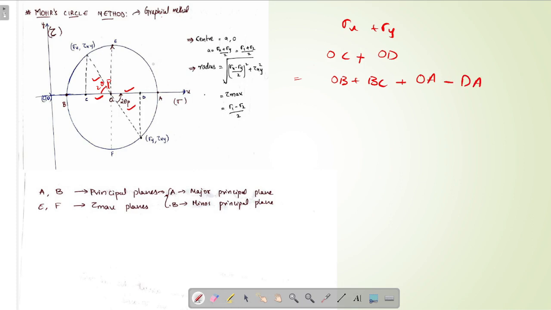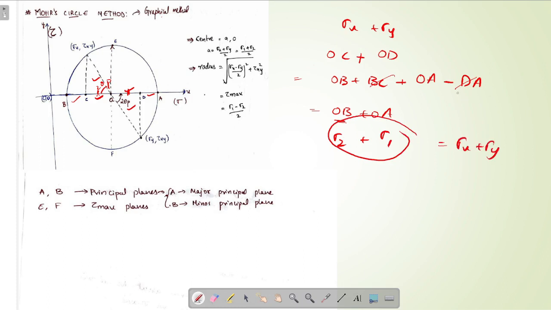By the congruent triangles concept, these two lines are equal, as this is the radius of the circle and this is the radius of the circle. BC and DA are also equal. So this equals OB plus OA. OB is nothing but the minor principal stress. OA is nothing but the major principal stress. That means sigma 1 plus sigma 2 equals sigma x plus sigma y.